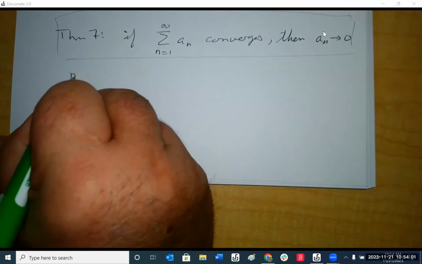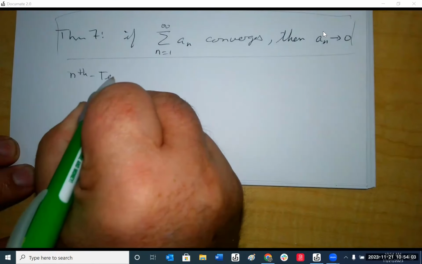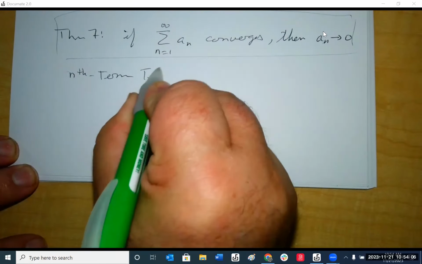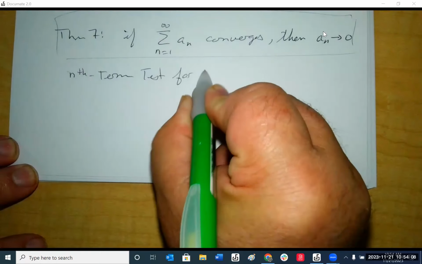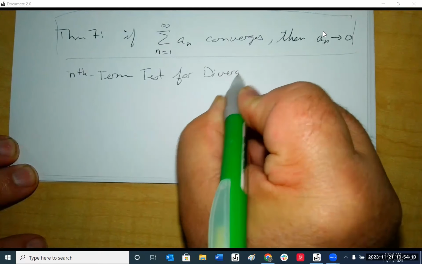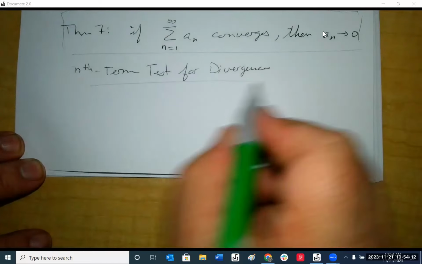So as it says, the nth term test for divergence is this.